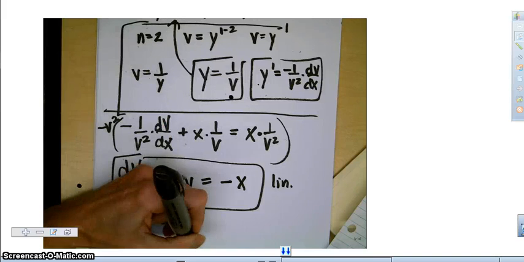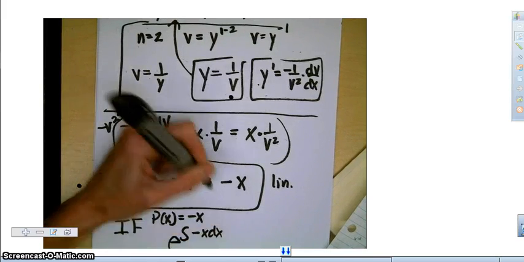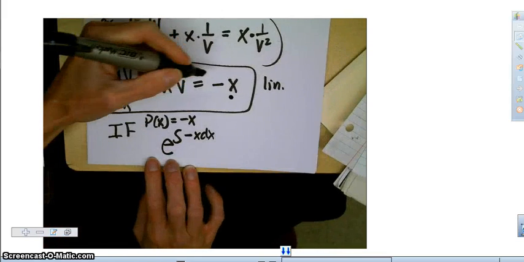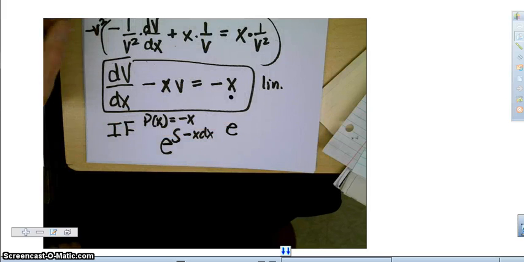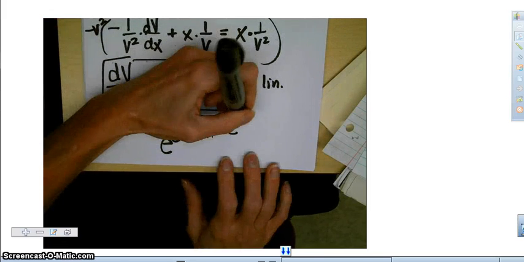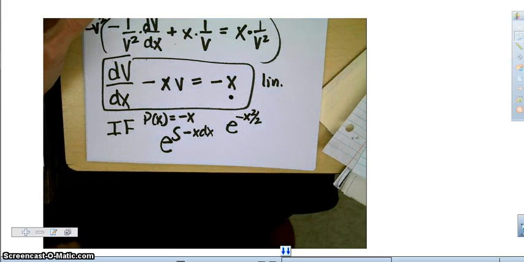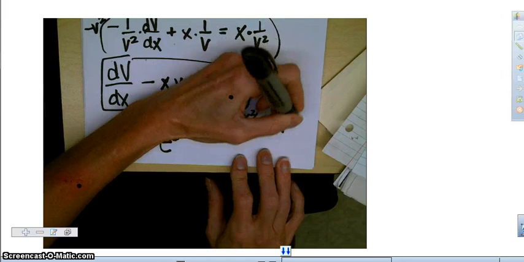So I want to find e to the integral of negative x dx. This is the antiderivative of negative x. No, power rule. Negative x squared over 2. So e to the negative x squared over 2 is my integrating factor right there. There's my IF, my integrating factor.